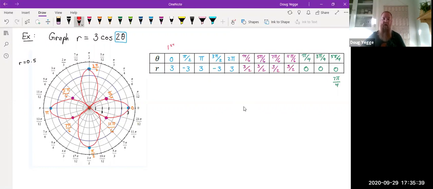So we plotted 0 first, then we plotted the value at pi over 6, then the value at pi over 4, then the value at pi over 2, and then the value at 3 pi over 4, and we continue in that fashion. And that's how we can graph any curve in polar form.